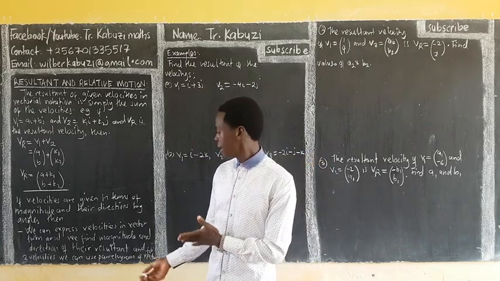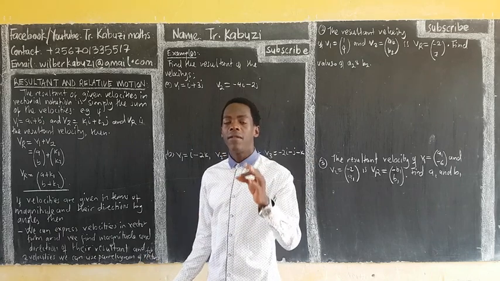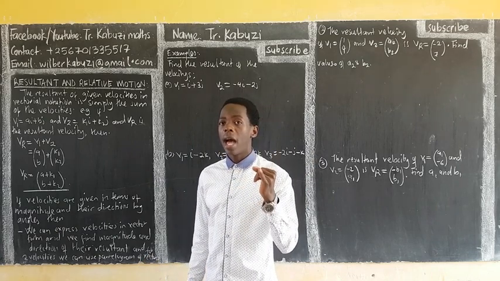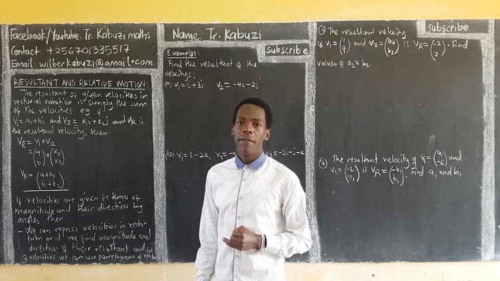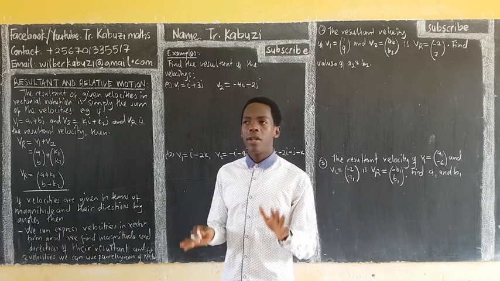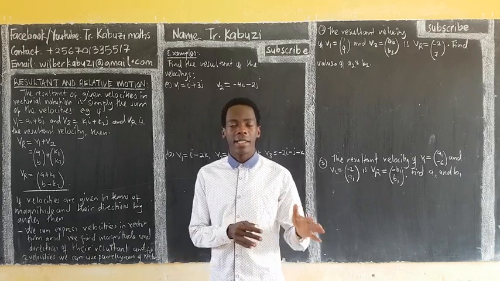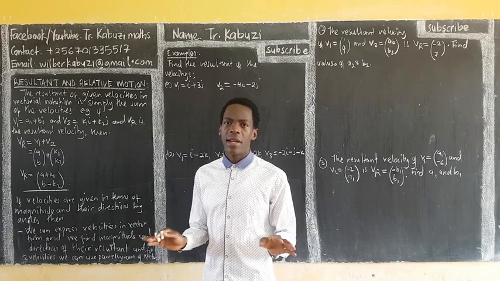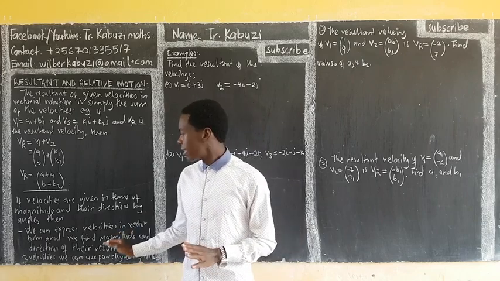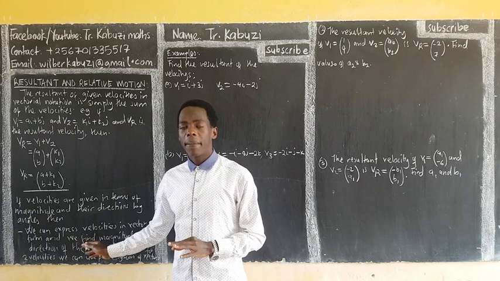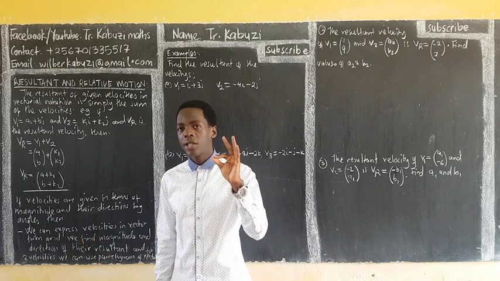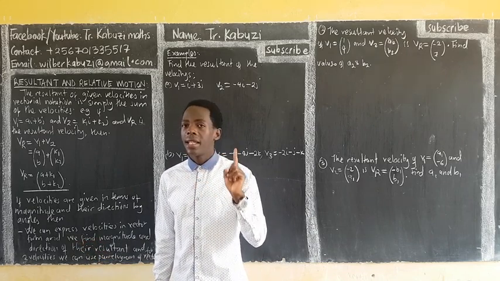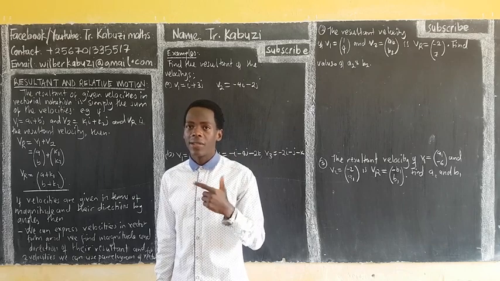Even in the same case, it is what we are going to use here. If they give you the direction in terms of the angle and then they give you the magnitude of the vector, as simple as that. So the moment you know the parallelogram of forces, then the parallelogram of vectors is going to be very easy, as we saw. So if they give us the vector with its magnitude and direction, simply we can use the parallelogram of vectors as we are going to see.